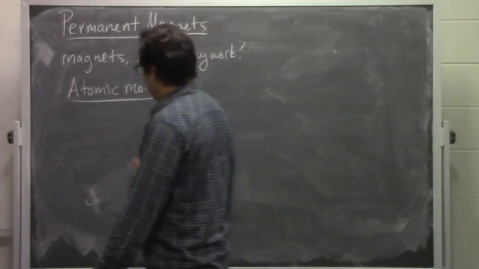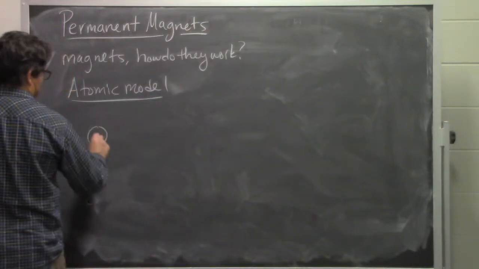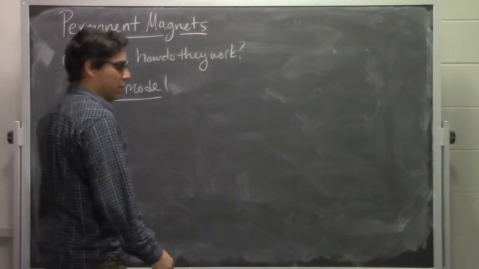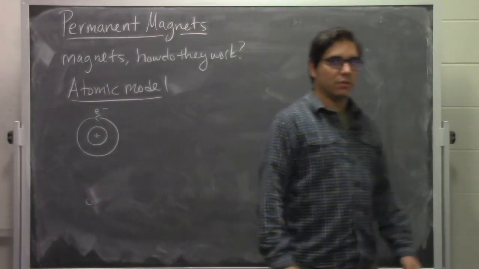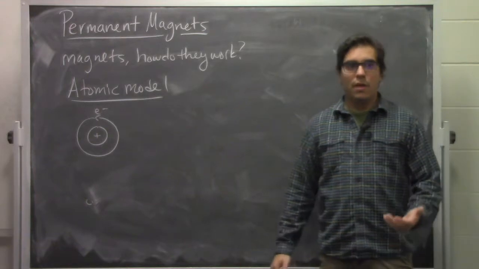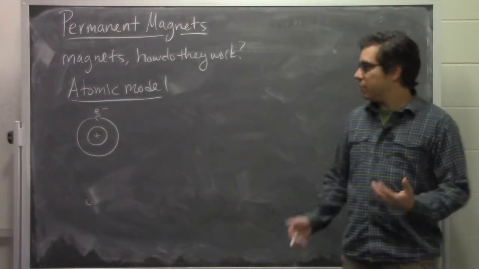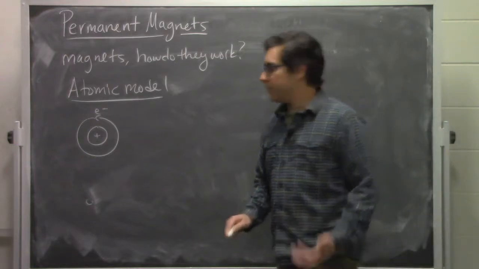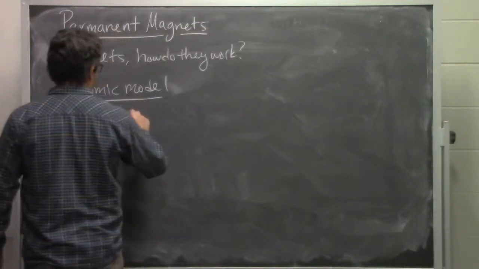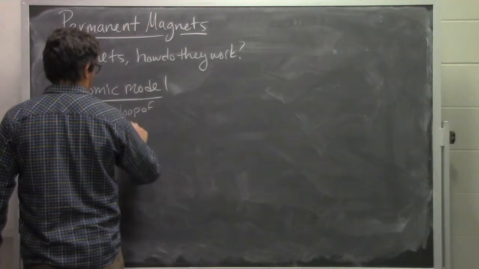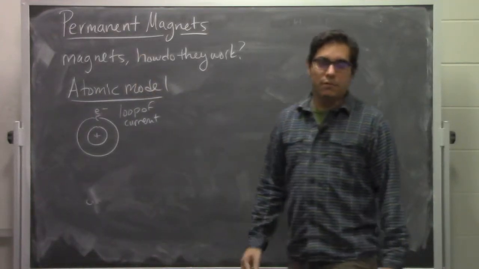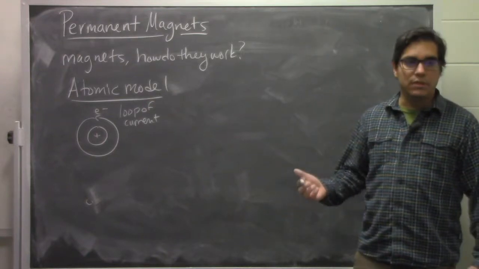Okay? So if we think about a positively charged nucleus, and we think about an electron whizzing around that positively charged nucleus in a circular orbit, that helps us understand that there is a charge and it is moving, right? It is a little loop of current that can produce a magnetic field, a very little magnetic field that is associated with each atom.